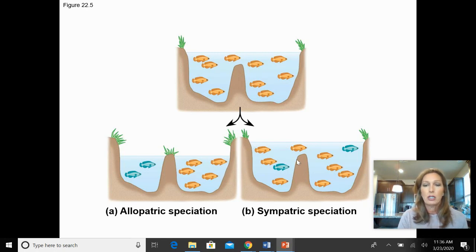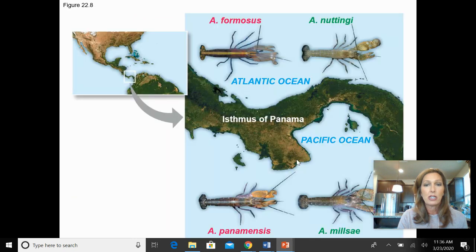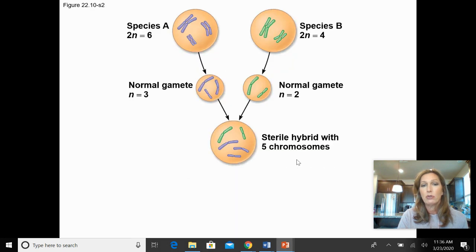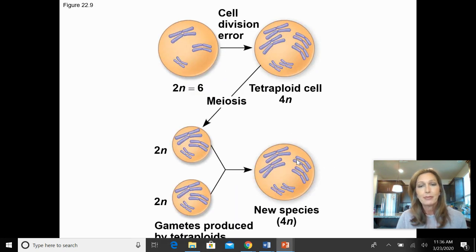Now, in addition, with sympatric speciation, something I need you guys to understand is this thing called polyploidy. So plants especially are able to do polyploidy. Remember when we talk diploid, haploid, we're talking about your number of chromosomes.